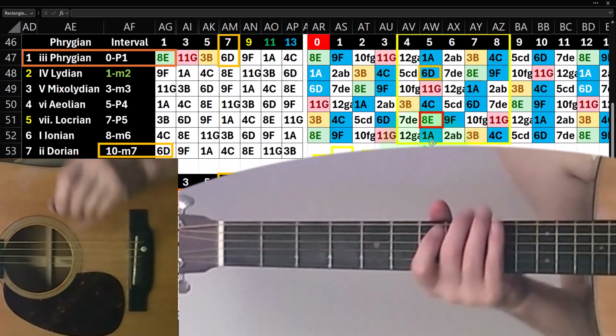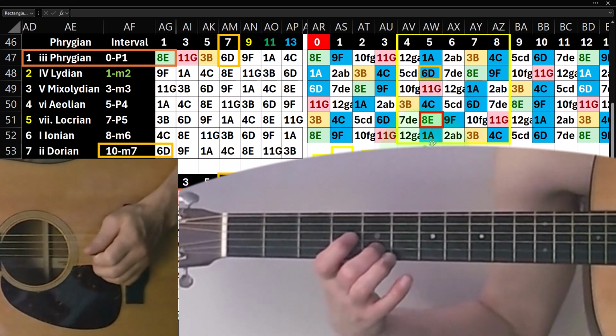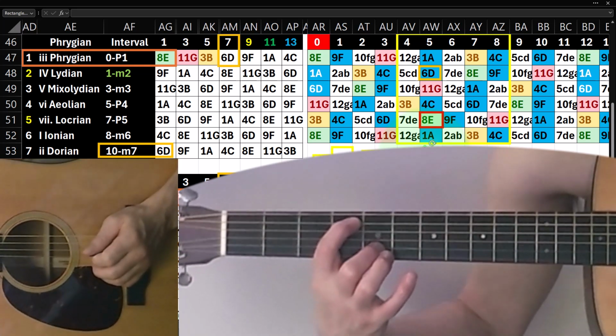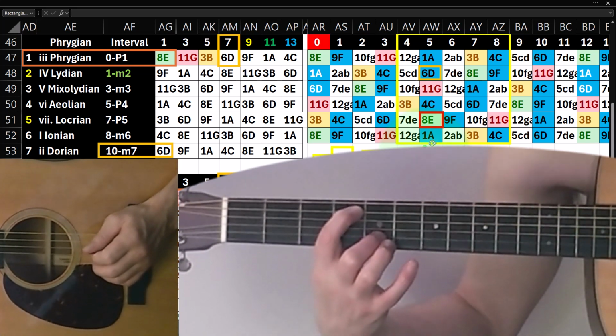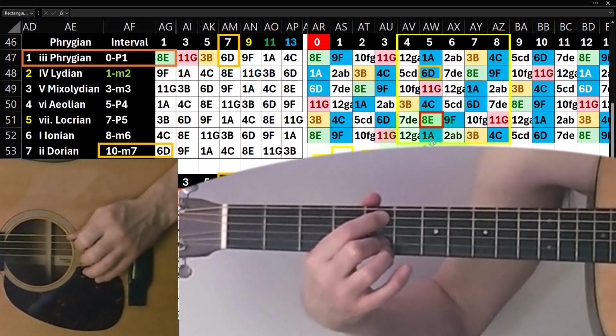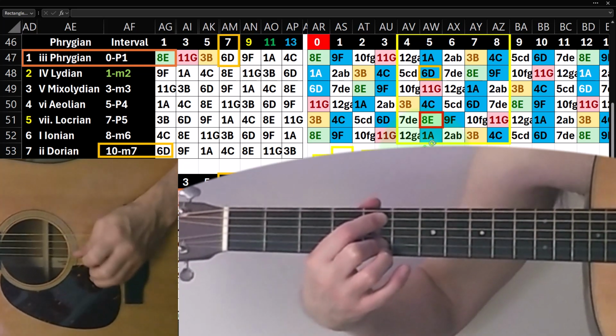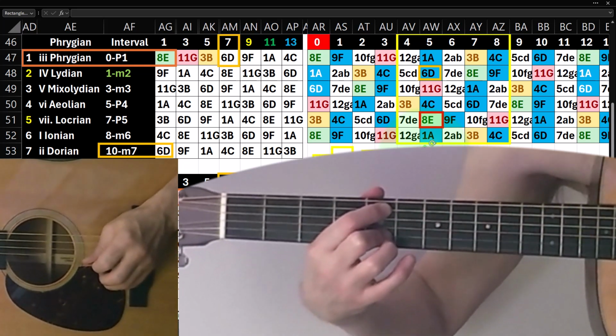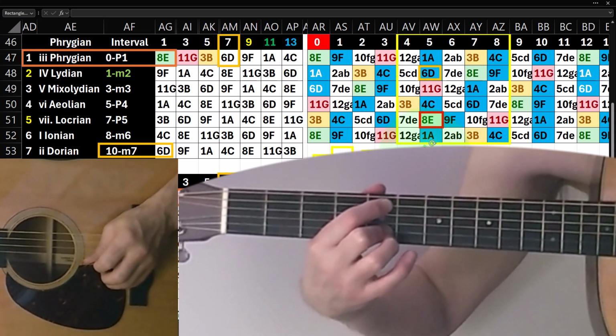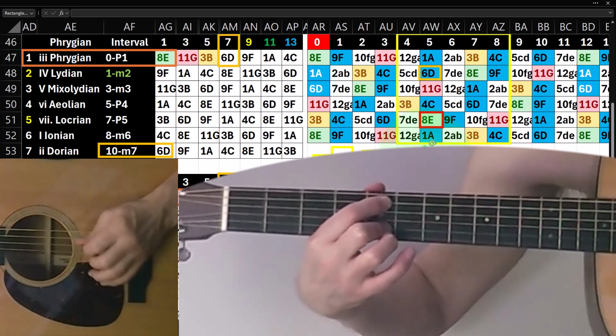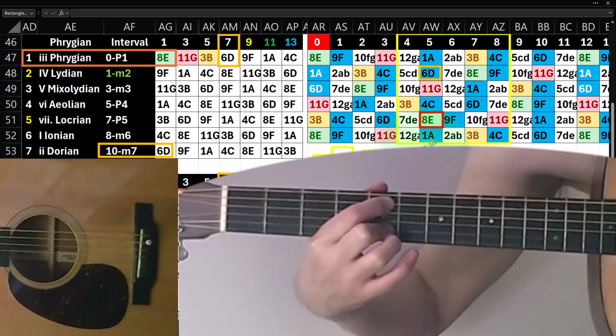So if I went from top to bottom, D to E, that would be a 2 note away, which would be a major second. Therefore, from bottom to top would be a 10 note away minor 7.